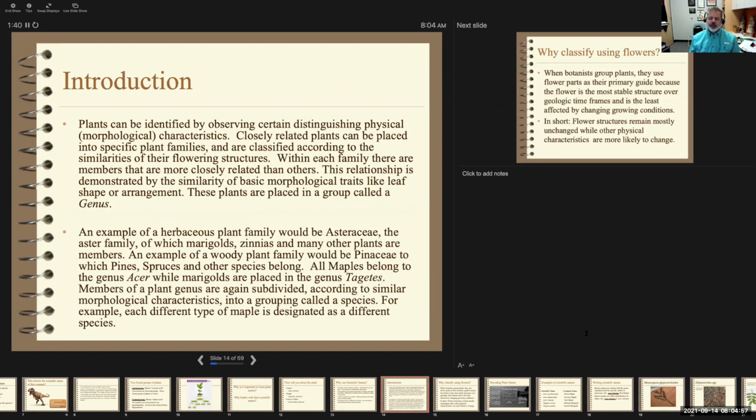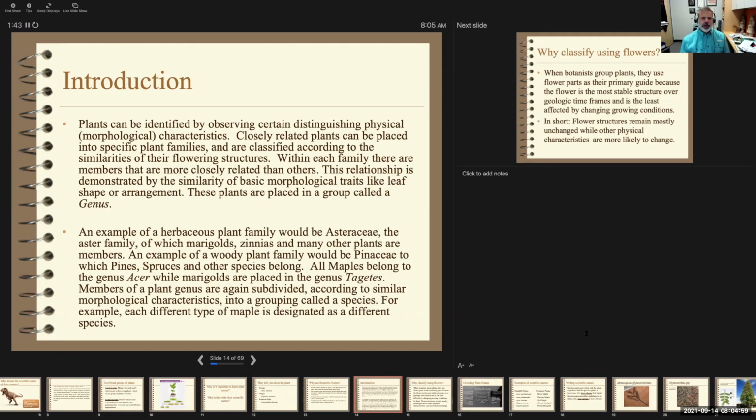So as we get kind of an introduction into it, this is way too long to read on this PowerPoint video, so you could pause me and read this whole thing if you'd like to. But it really talks about the fact that it's really important as we begin the process of learning plants to know terminology, to understand the relationship between plants, to know how plants are classified into broad and narrow groups, and why we do that.